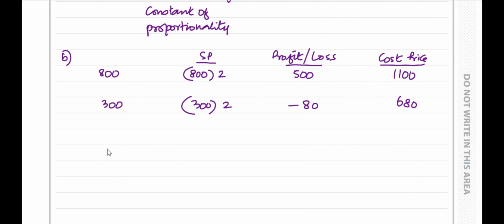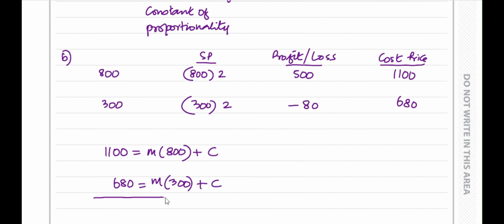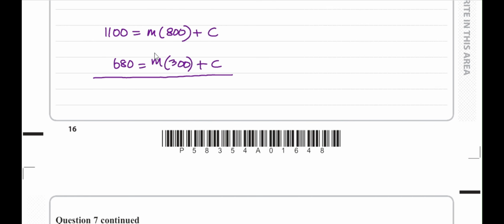So from this we can write the cost price 1100 is equal to m times 800 plus the fixed cost C, and when the cost price is 680, m times 300 plus the fixed cost C. From these two simultaneous equations we can solve for m as well as C. Subtracting one from the other, we get 420 equals 500m, leading to m equals 420 divided by 500.